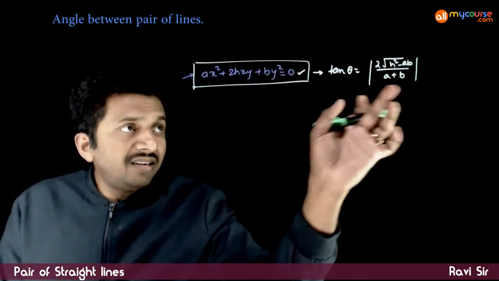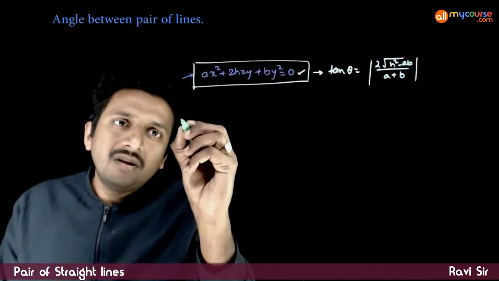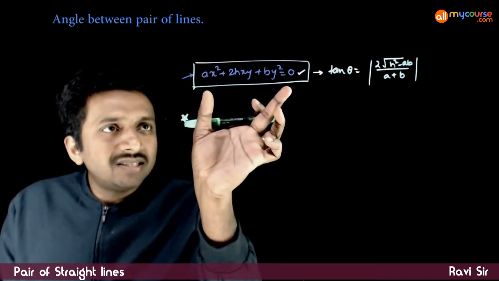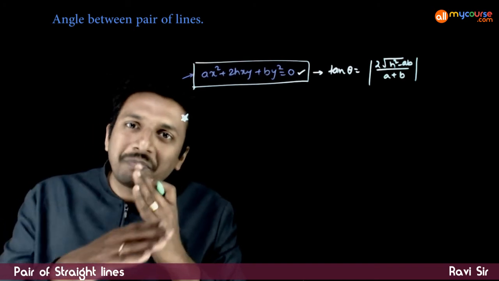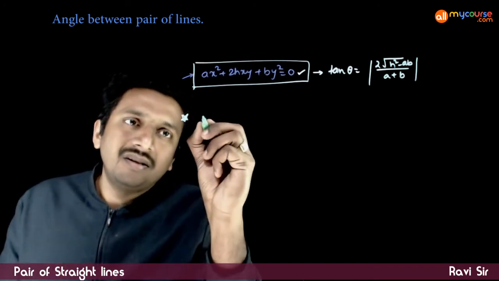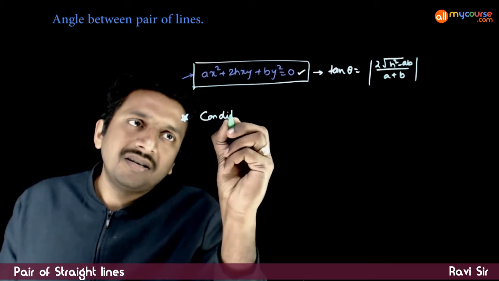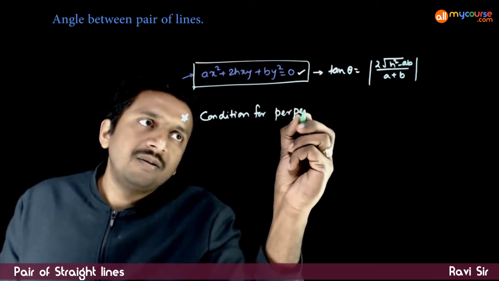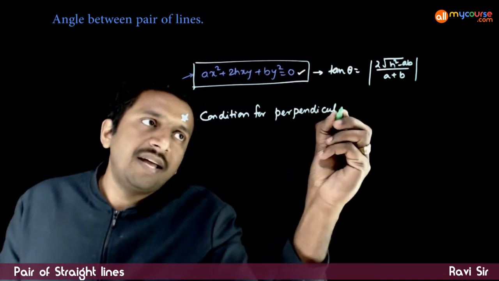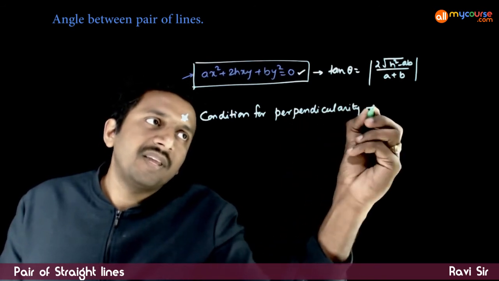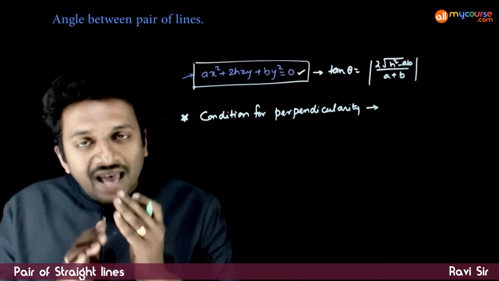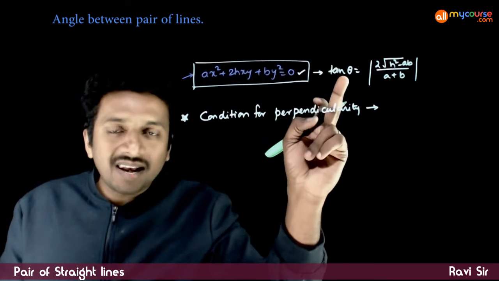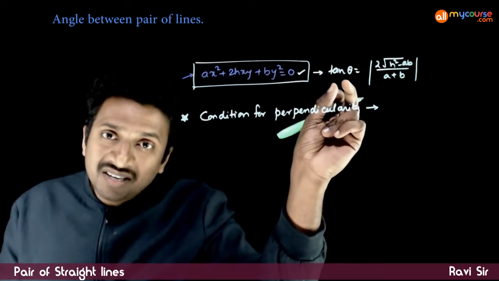So if tan theta is equal to this expression, what is the condition that the two lines making this pair of lines are perpendicular to each other? Condition for perpendicularity: if the angle between the two lines is 90 degrees, then tan 90 degrees is undefined.